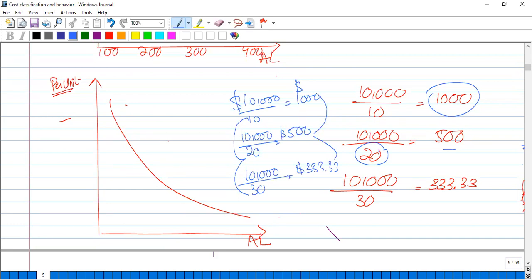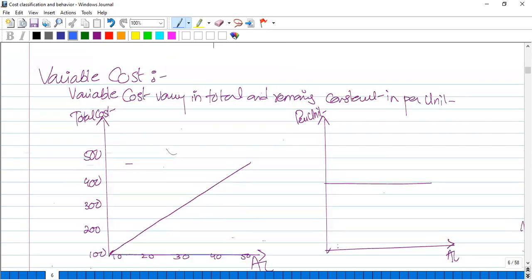Now, second, we will discuss variable cost. Variable cost varies in total and remains constant per unit. Variable cost is a graph which varies in total. For example, if I am making 10 units, my cost would be $100. If I am making 20 units, my cost would be $200.